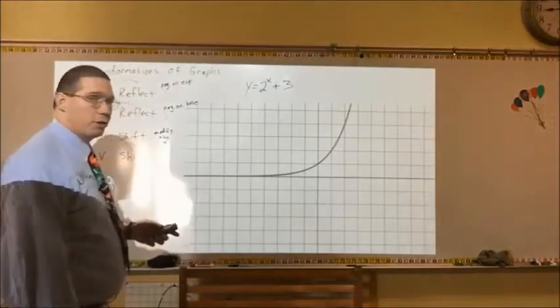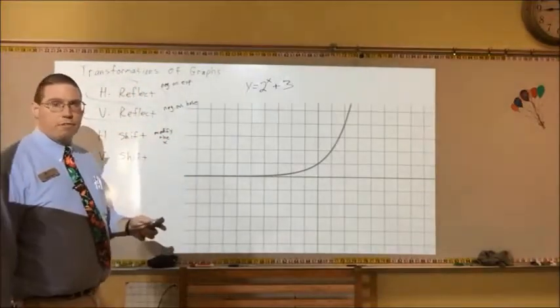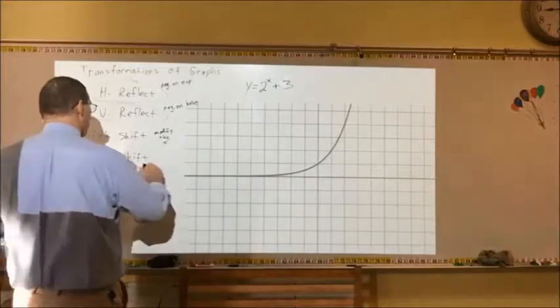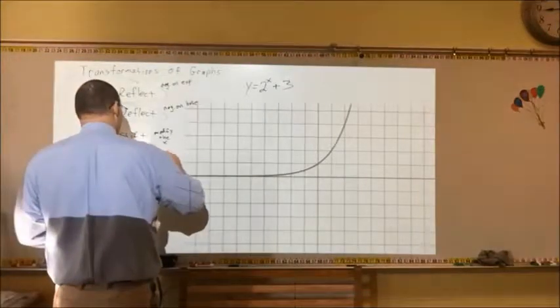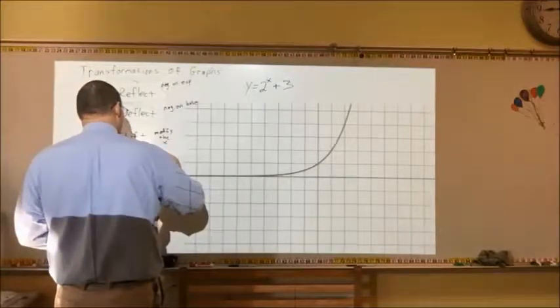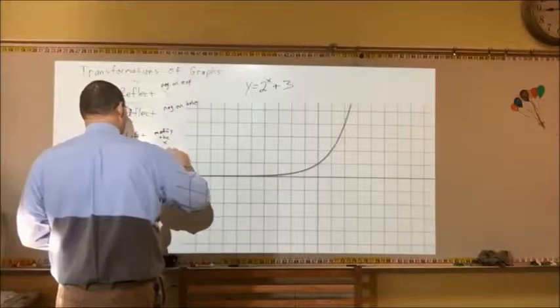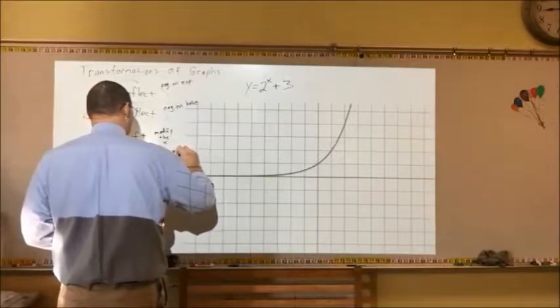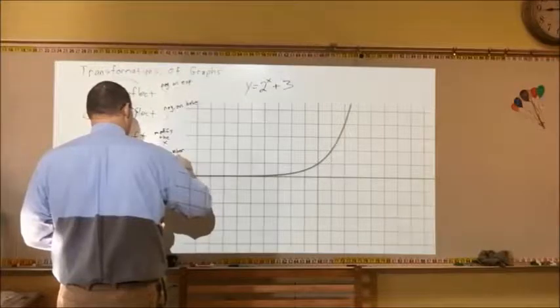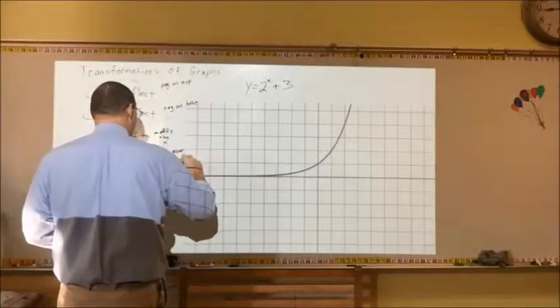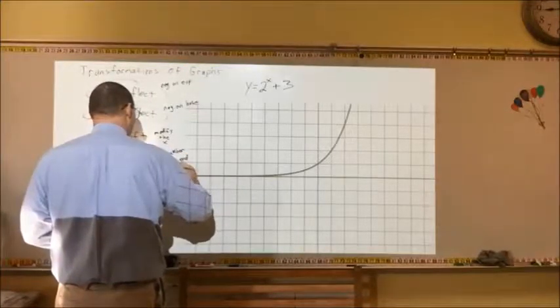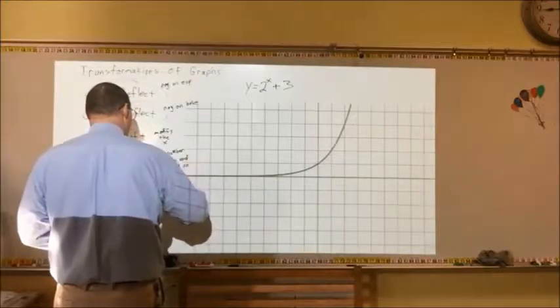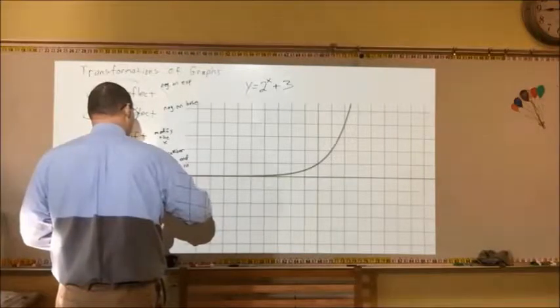All right, now watch. It's going to be a vertical shift again. And let me write this down. Vertical shift: plus or minus a number on the end based on the asymptote. Okay?